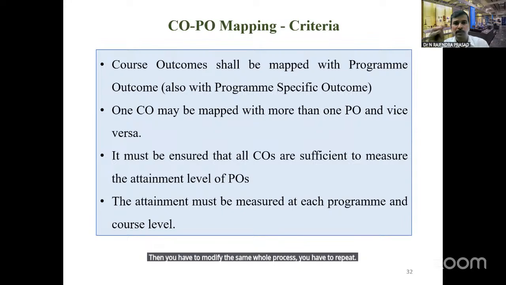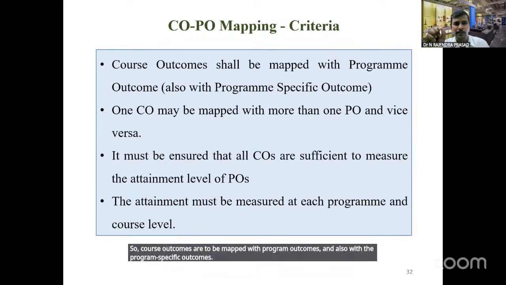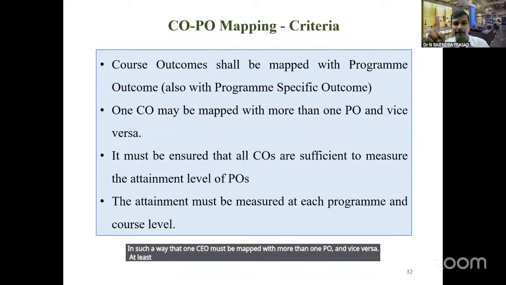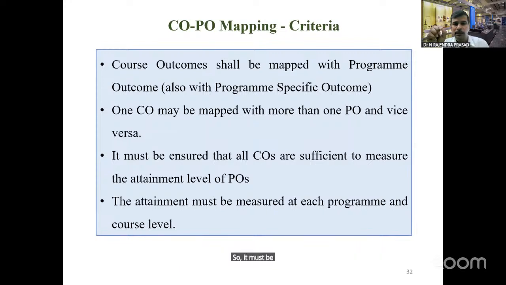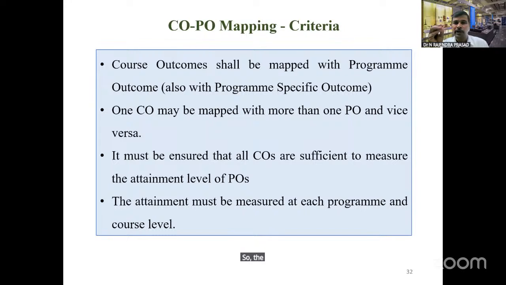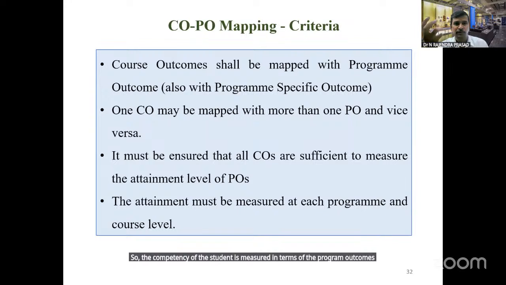So course outcomes are to be mapped with program outcomes and also with the program specific outcomes in such a way that 1 CO must be mapped with more than 1 PO and vice versa. At least one, you have to take care. So it must be ensured that all COs are sufficient to measure the attainment level of POs. The competency of the student is measured in terms of the program outcomes and program specific outcomes.